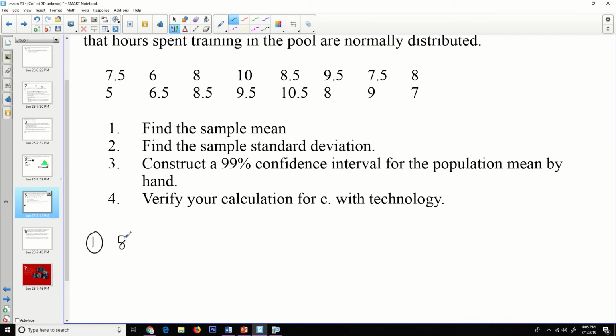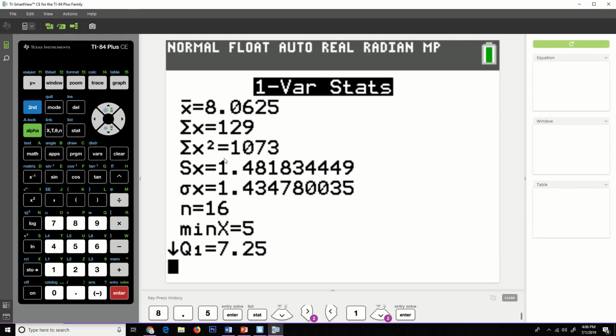For 1, we have our sample mean to be 8.0625. Our sample standard deviation, Sx, was 1.4818.